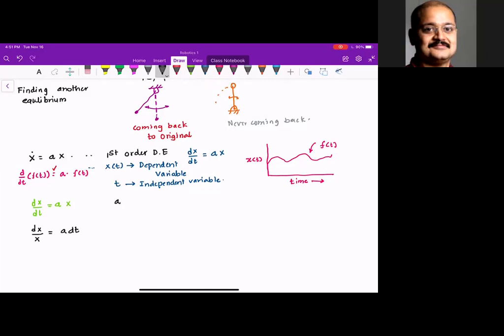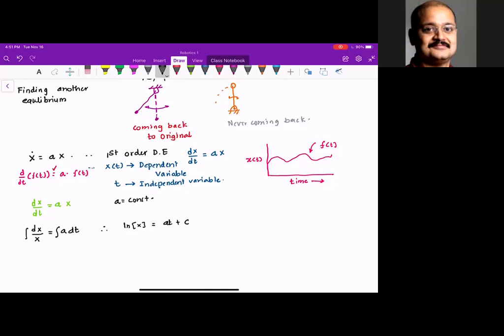Please note, a is a constant. So what I would do is I would integrate left and right, and integration of 1 over x is ln of x. Integration of a dt is at plus constant of integration c.